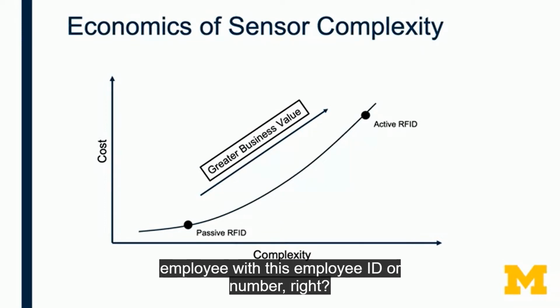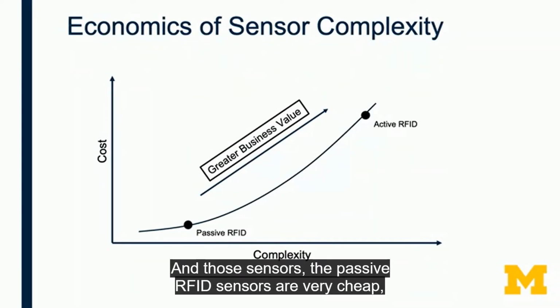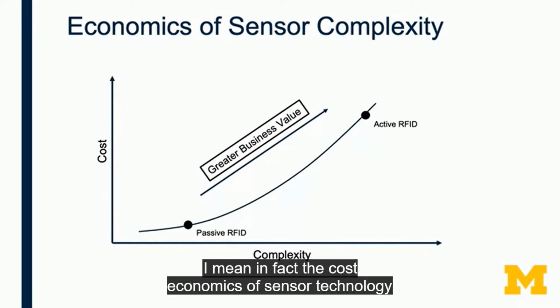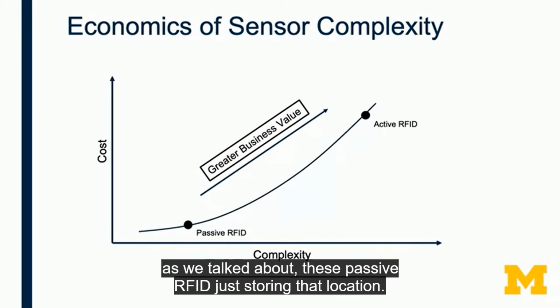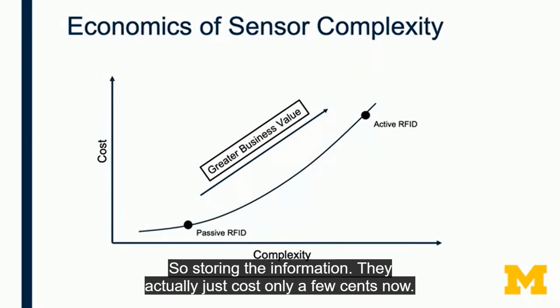And those sensors, the passive RFID sensors, are very cheap. In fact, with the cost economics of sensor technology, as we talked about, passive RFID, just storing that information, actually costs only a few cents now.